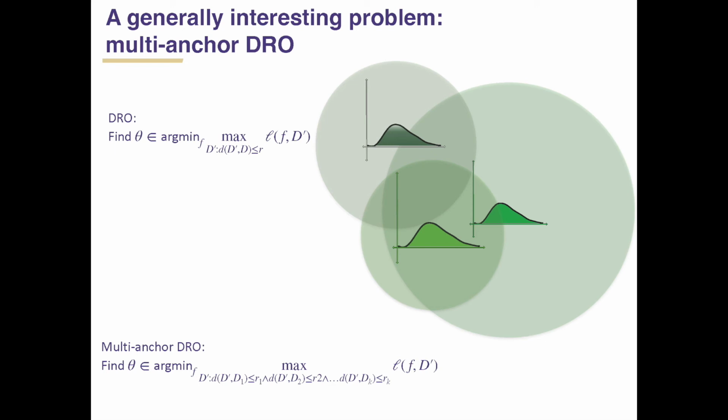Is it reasonably computationally feasible to optimize over the set of distributions which are close to all of those at once? This is not something I've seen introduced anywhere else, but it seems really useful and relevant in a bunch of different cases. It's always fun when you find a mathematical problem that you assume should have been explored in the 50s, but you haven't found any literature that has done that yet. So multi-anchor DRO is a cool thing that people should spend some time thinking about.